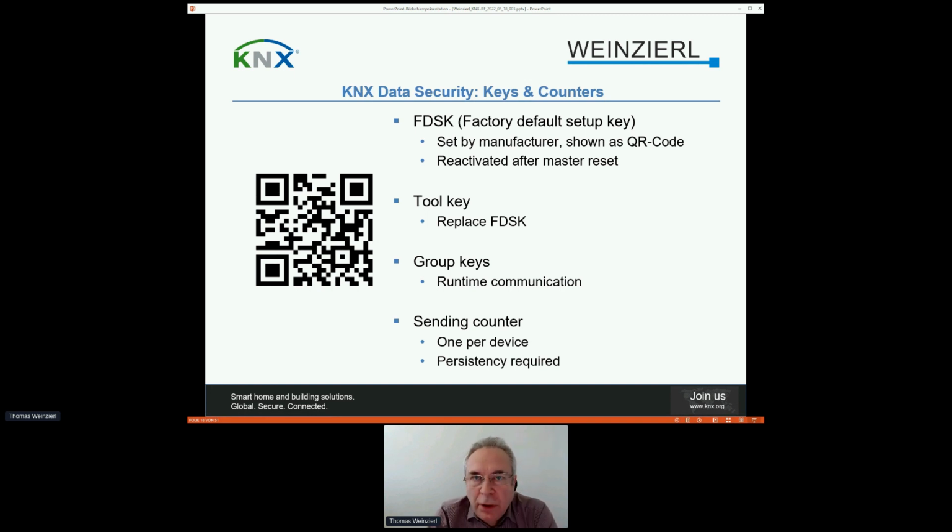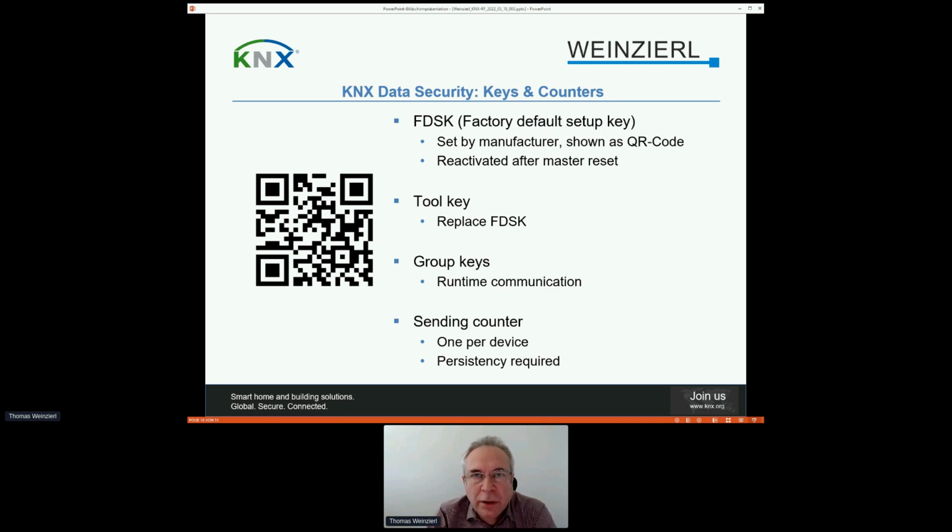To do security, of course, you need keys, and because of the quite complex system structure we have in Knx, we do not only have one key, we have several keys. Maybe you've already seen, if you use a Knx secure device, you now find a QR code on all secure devices, and this QR code holds, we call this the device certificate, which you can scan with ETS. Afterwards, ETS shows you what's in it.